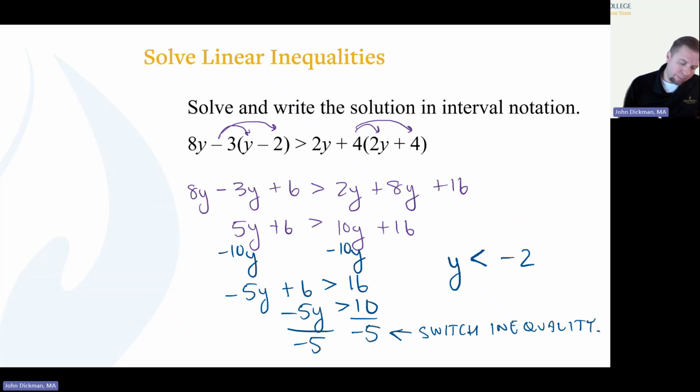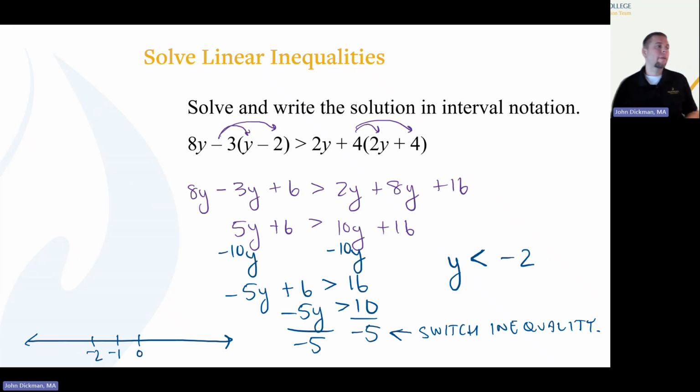Okay, let's think about the number line. So I have a number line, and now at -2, I actually have an open circle. So I'm not going to fill in that circle.